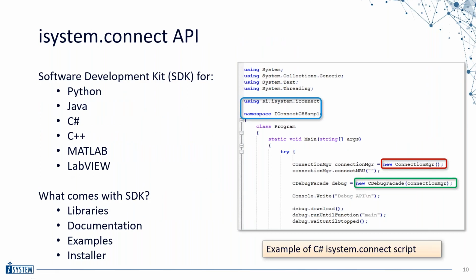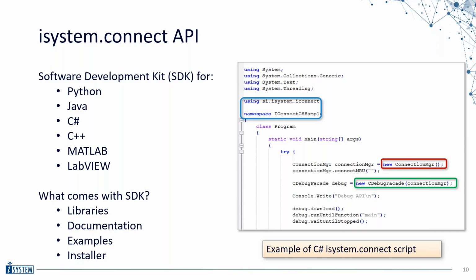For the isystem.connect API, we can offer you several SDKs for Python, Java, C#, C++, MATLAB, and LabVIEW languages. What do you have when you install the SDK? You get the libraries, you have documentation, a lot of examples will be there.